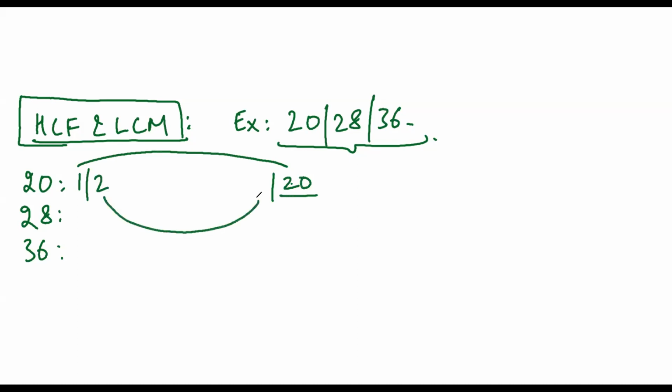What should I write here? So 10. Okay, what would be the next factor of 20? So 4. What should I write here? 5. So 1, 2, 4, 5, 10, 20 are the factors of 20. Is it okay? Yes, sir.